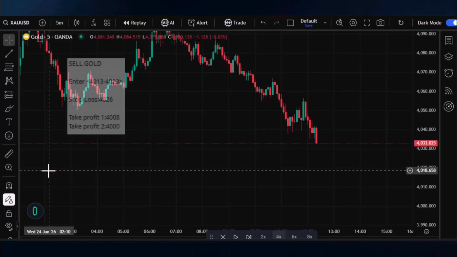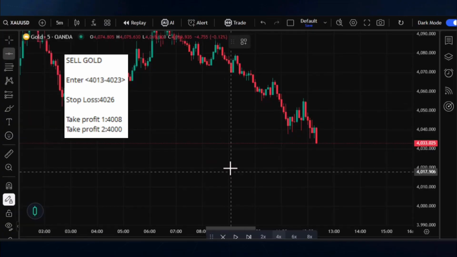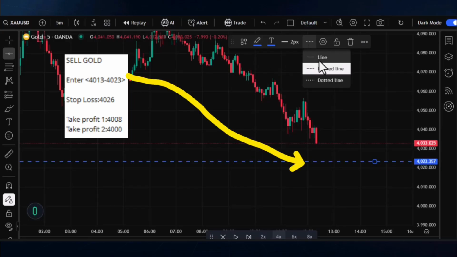Now let's plot these exact numbers on the chart. This blue line marks the entry zone.